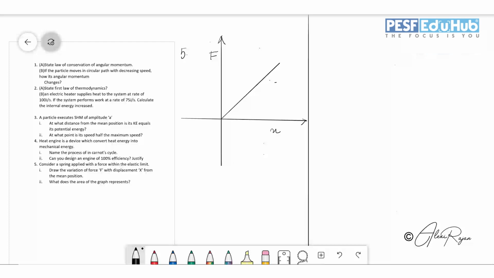So you can directly go with the question, that is, you know that F is directly proportional to X in the case of a spring. That is, when force is applied, or if you are stretching a spring, obviously a restoring force will be increased there within the elastic limit. As a result, you can say that they are directly proportional, so you will get a straight line like this, that is, when the F and X graph is plotted here, you will get a straight line within the elastic limit, that is by Hooke's law.